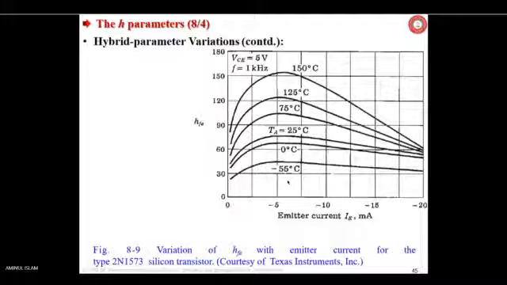Here is the emitter current IE. If IE, emitter current, changes, what will happen to HFE is shown in this diagram. Changing the temperature from -55 degrees centigrade to 150 degrees centigrade, how it is going to vary is given, again taking a transistor 2N1573 of Texas Instruments.